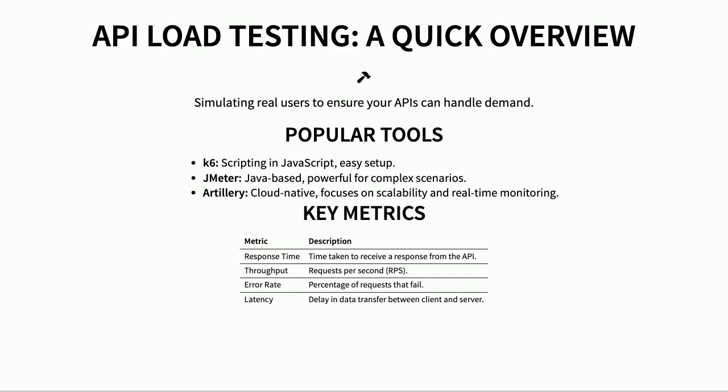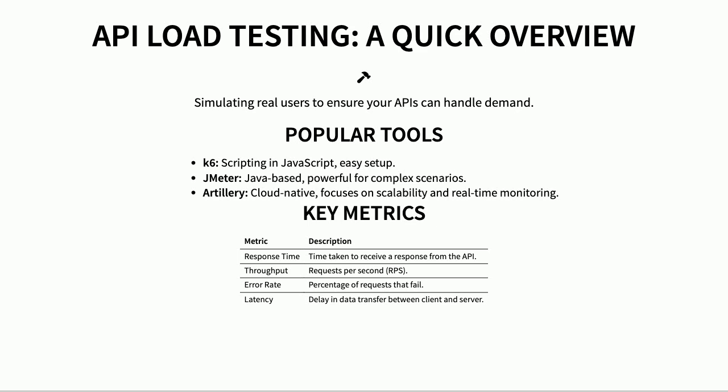Let's talk about load testing your API. It's super important to make sure your backend can handle a rush of users, especially when something popular goes viral. We have a few great tools to help us. K6 is really easy to get started with using JavaScript. JMeter is a heavyweight champion for complex tests, and Artillery stands out because it's designed to scale well in the cloud.